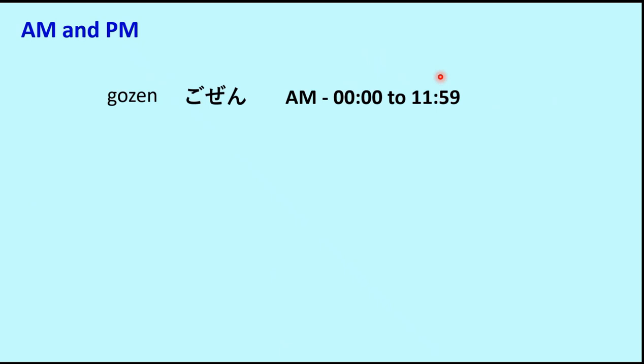Gozen is the word for AM and gogo is the word for PM. That is, gozen will be used to represent time between midnight and 11:59 in the morning, and gogo will be used to represent time from 12 in the afternoon, that is from noon to midnight 23:59.